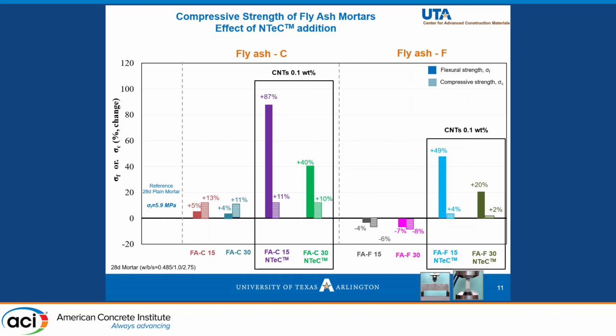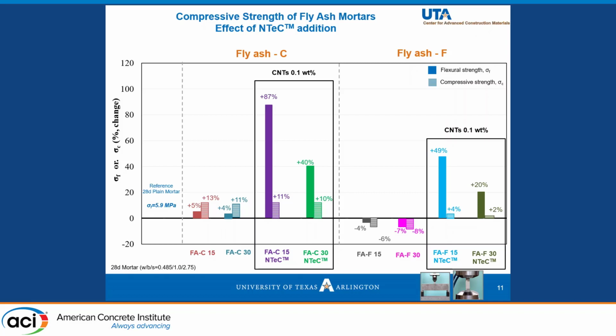Similarly here, I'm showing results for the compressive strength of fly ash mortars and mortars with fly ash and CNTs. For fly ash type C mortars, a small variance was observed, from 10 to 13%.